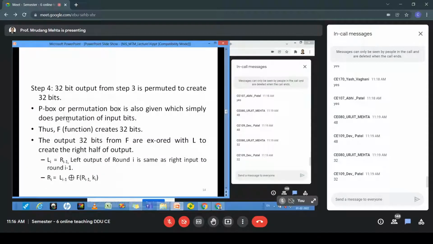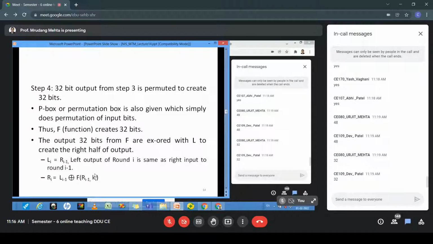So the function creates a 32-bit output, and the output from F is XORed with L to create the right half of the output. So Li equals Ri minus 1, and Ri equals Li minus 1 XOR F of Ri minus 1, Ki.